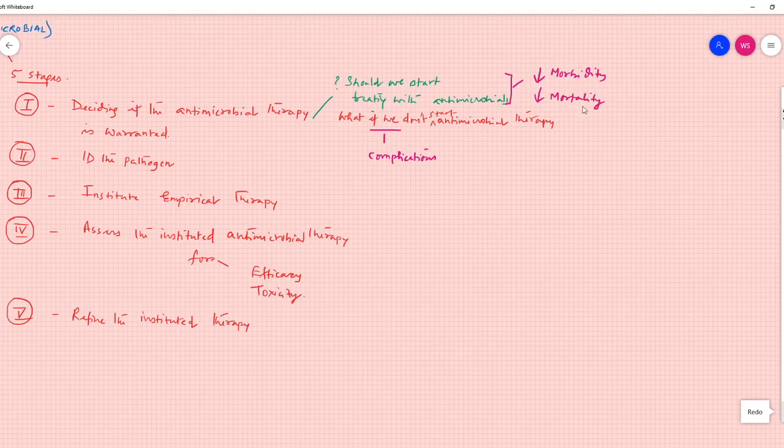And mortality is obviously death. So this is the reason why we need to treat diseases based on our assessment with antimicrobials. So let's get back to the question. How do we decide whether we should start treating with antimicrobials?